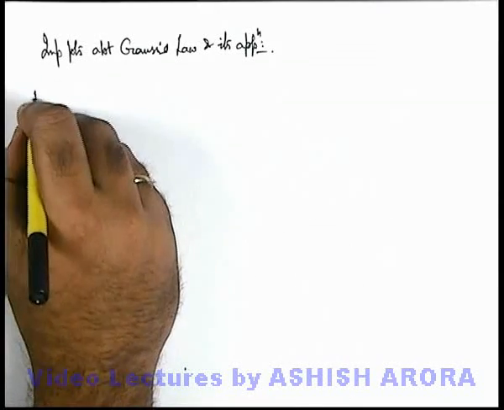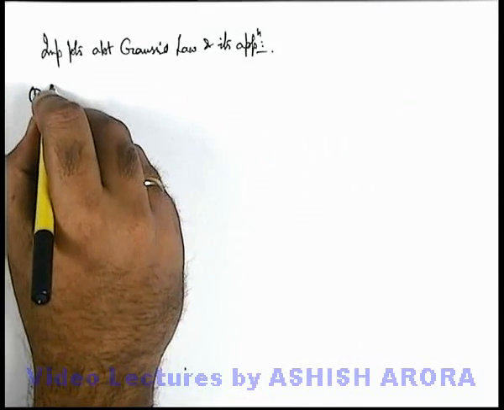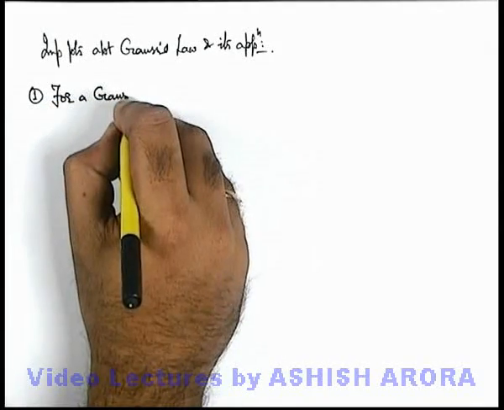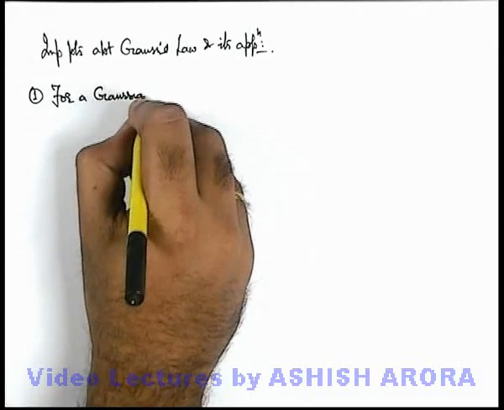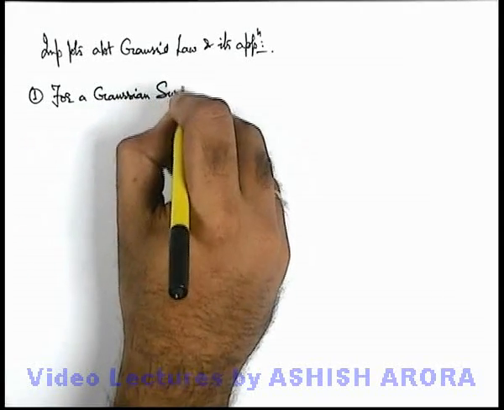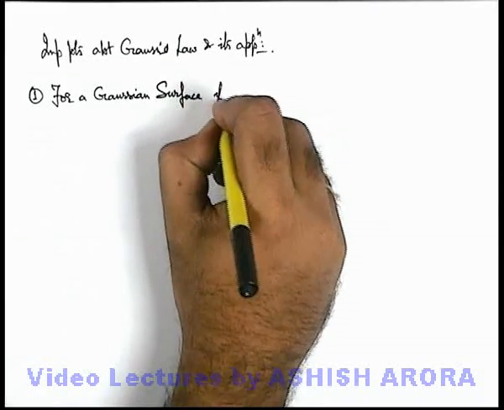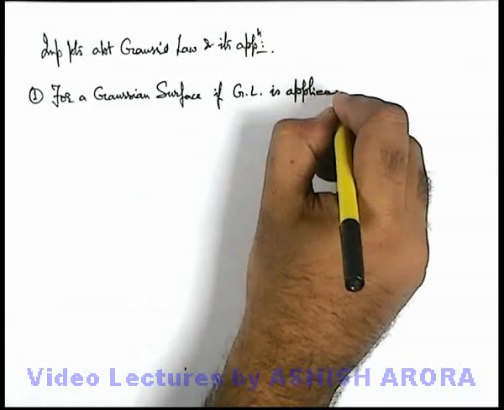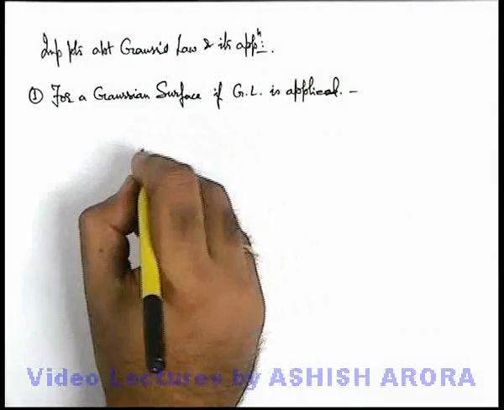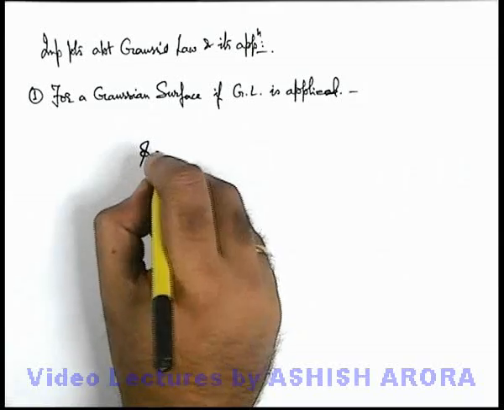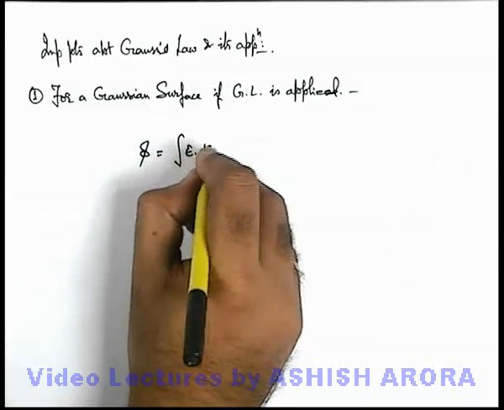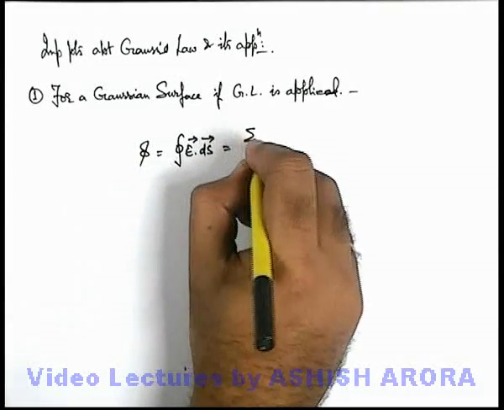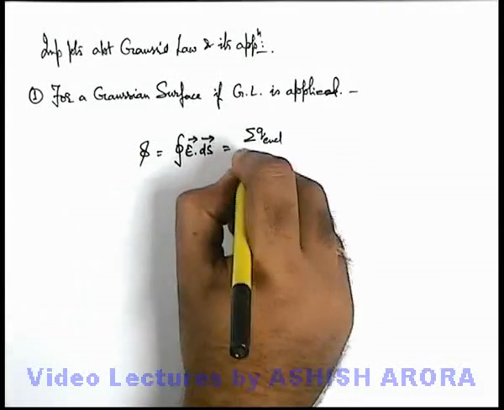The very first point which you should always keep in mind is that for a Gaussian surface, if Gauss law is applied, we calculate the electric flux through the Gaussian surface in two ways. One is by integration of E dot ds for the closed surface, and it should be equal to the sum of all the enclosed charges by the surface by epsilon naught.